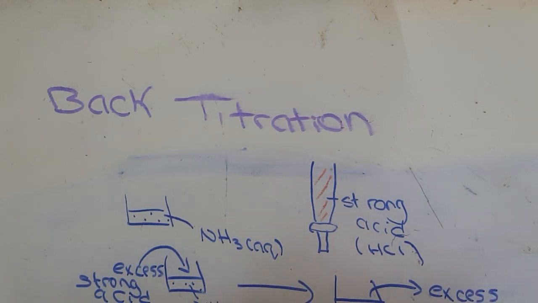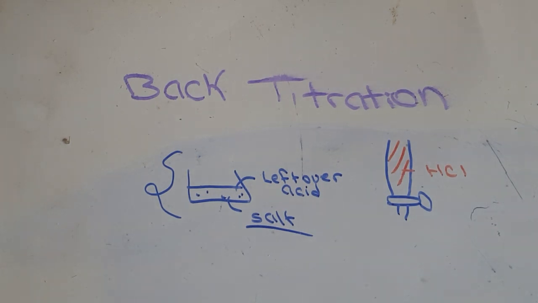So after you react the excess hydrochloric acid with the ammonia, you'd have the leftover hydrochloric acid, and you'll have the salt, which is the acid that reacted with the ammonia.